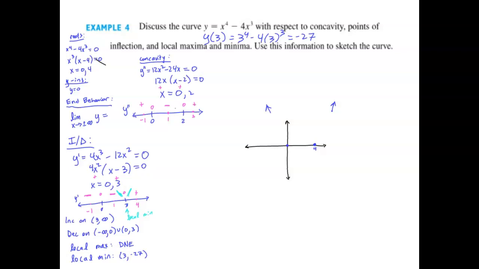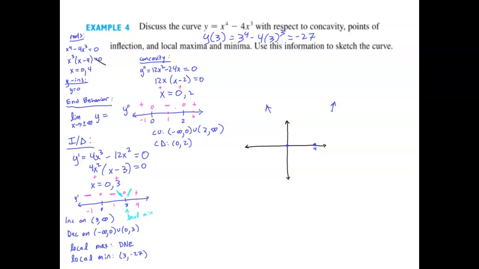And so the second derivative tells me about concavity. I have concave up when it's positive and concave down when it's negative. So my graph is concave up from negative infinity to 0 and from 2 to infinity. The second derivative is positive there. And it's concave down from 0 to 2.